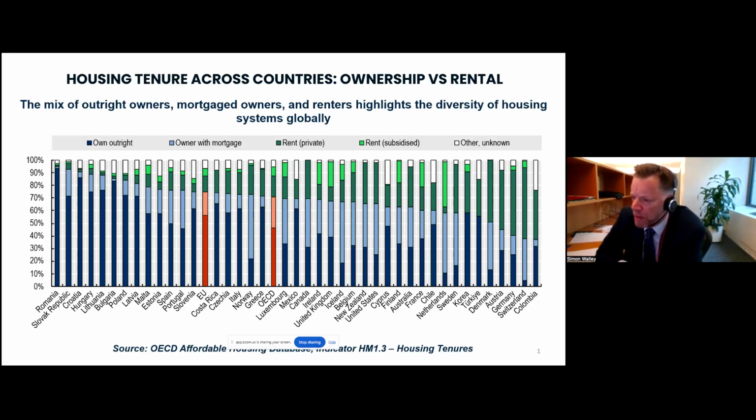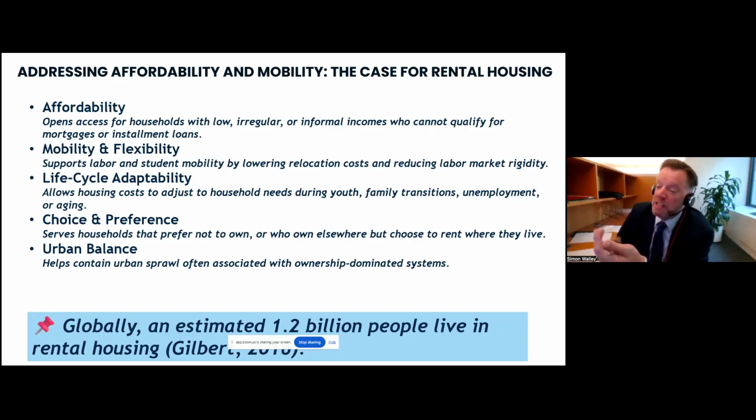So rental generally is complex. It's very dependent on overall government policy, but as a rule, it's a great way to improve affordability and access. And so the next slide really makes the case for why rental is important.